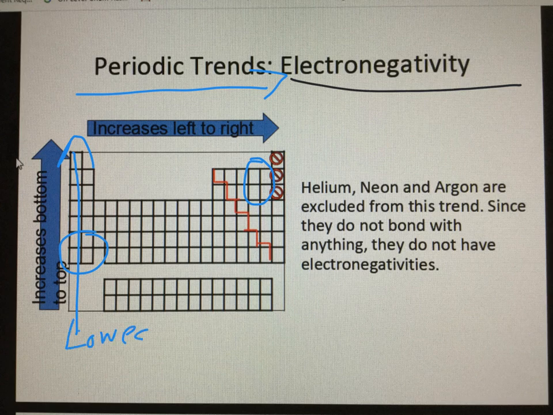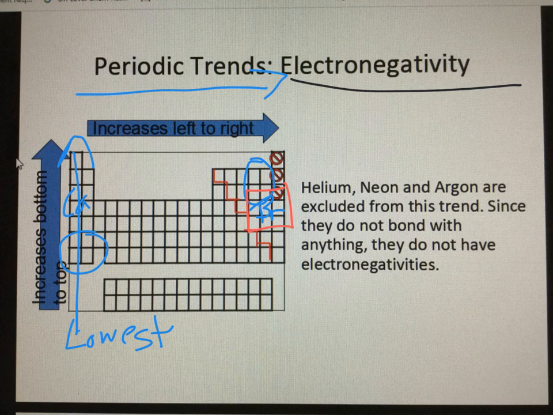Okay? So if I give you a list of elements, let's say something like bromine, which should be over here somewhere, and something like calcium, which should be over here on this side, which one has the highest? It would be the bromine, because it's closer to the right and higher up on the periodic table.